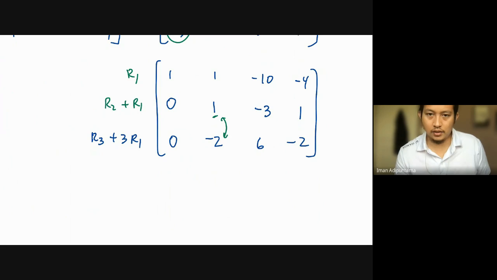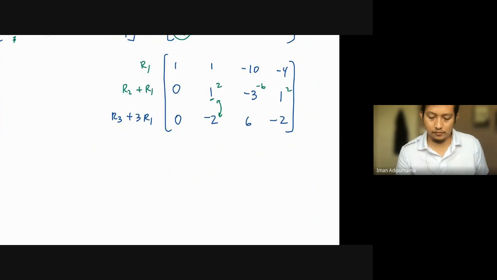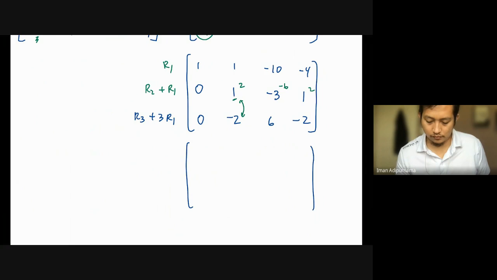And let's say we have 2R2, this is 0, 2, negative 6, 2.